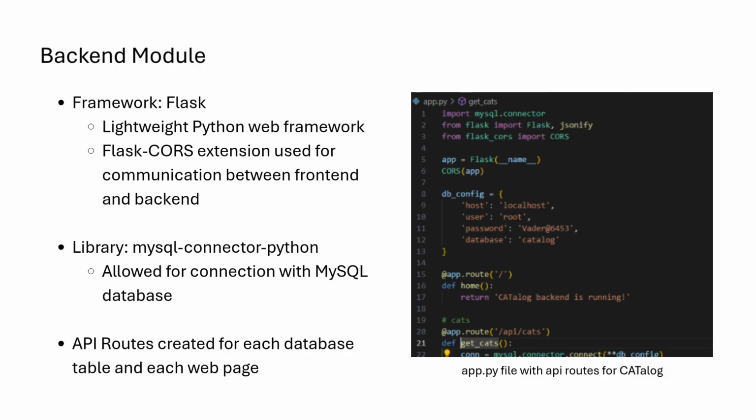Our app.py file has different API routes for each database table, like API cats, API adopters, and API applications. This makes it possible for the front end to request and display data. The screenshot here on the right shows the start of our app.py file.